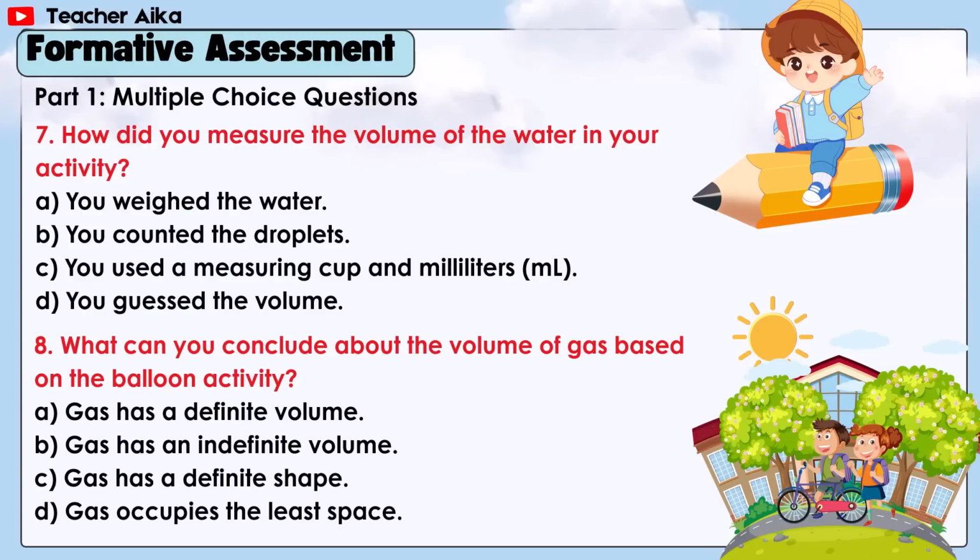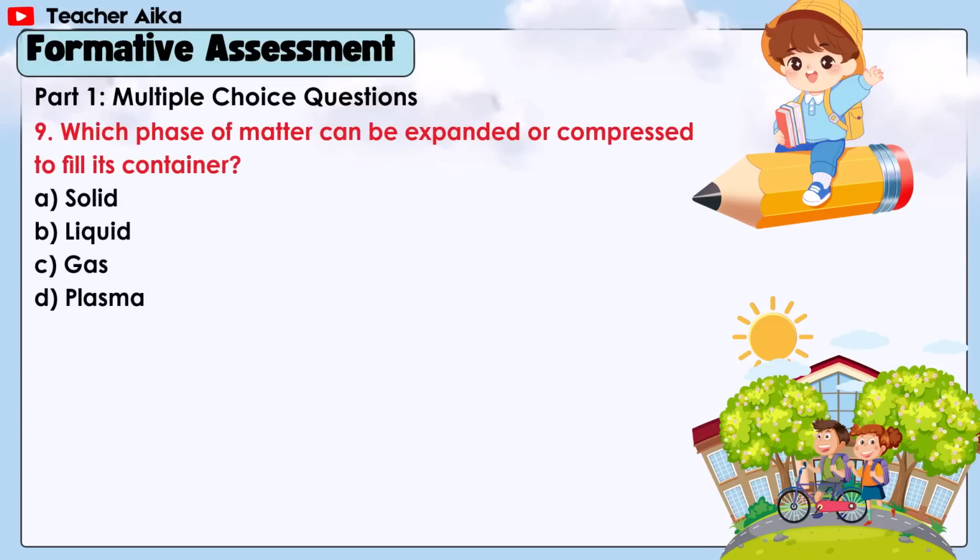8. What can you conclude about the volume of gas based on the balloon activity? A. Gas has a definite volume. B. Gas has an indefinite volume. C. Gas has a definite volume. D. Gas occupies the least space. 9.